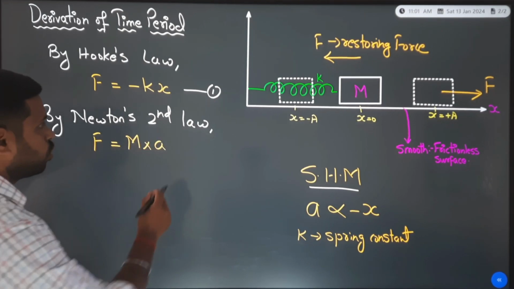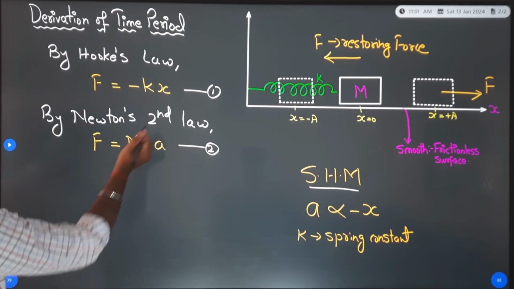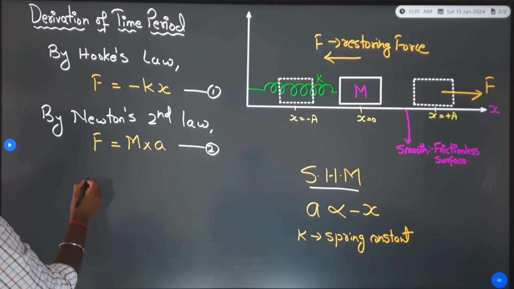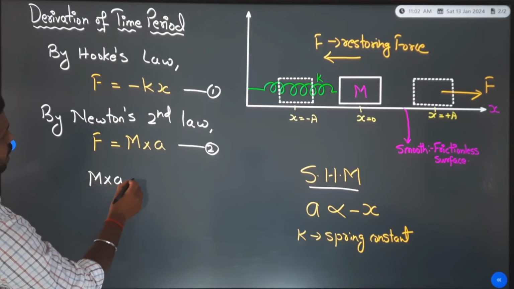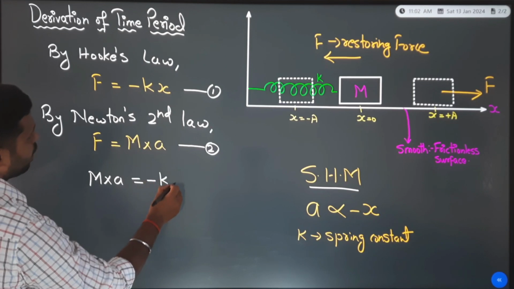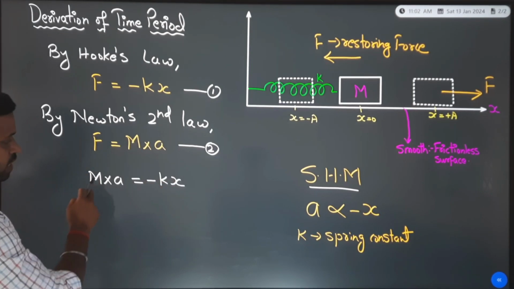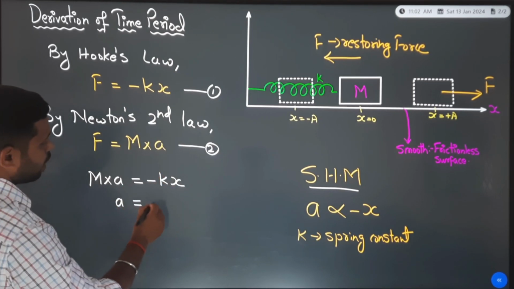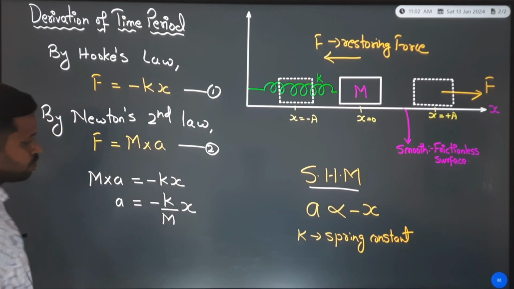So now we will put equation 2 in equation 1, so that equation 1 becomes m into a is equal to minus kx. Now this m, I will take towards the right of the equation, and that will become minus k by m into x.